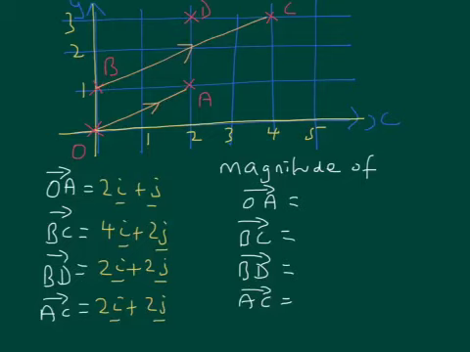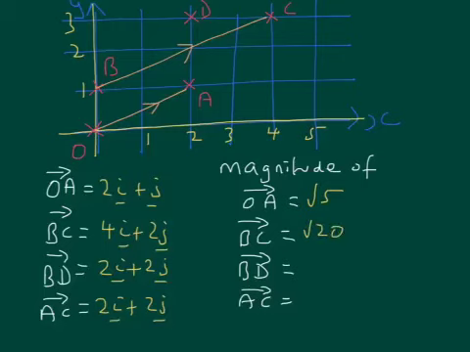Now to work out the length of a vector, or the magnitude of a vector, looking at OA for example, we want the length of that line there. Well, it's Pythagoras, it's 2 squared plus 1 squared, and take the square root, so that's root 5. B to C, it's 1, 2, 3, 4 plus 2, so Pythagoras: 4 squared plus 2 squared, take the square root, that's root 20.